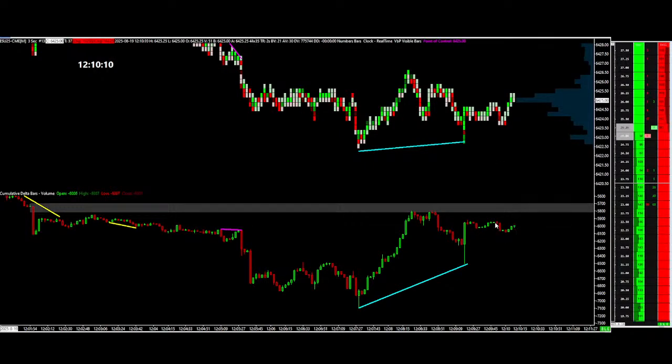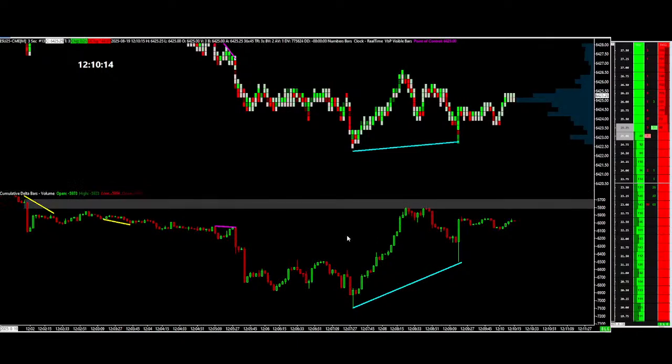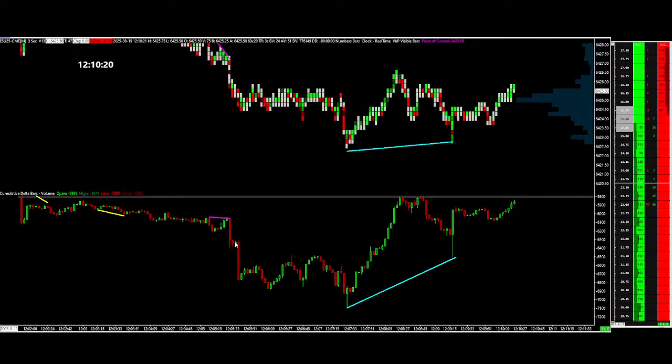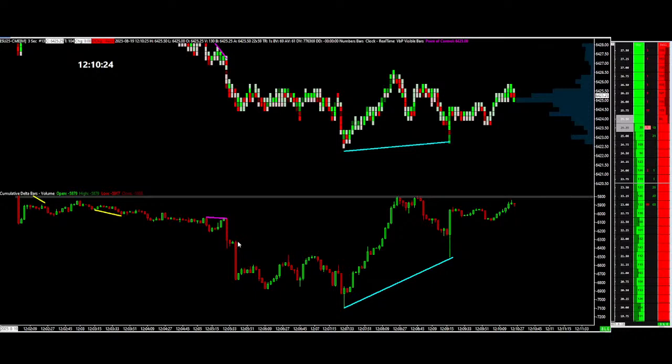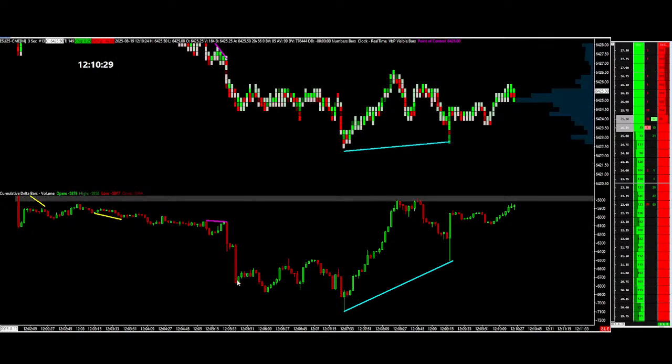So go to the left. See your delta where the first big red bar is on the delta to the left. Go down to the next one, and then that green bar right at the bottom right there, draw a magenta line from there all the way to the top.